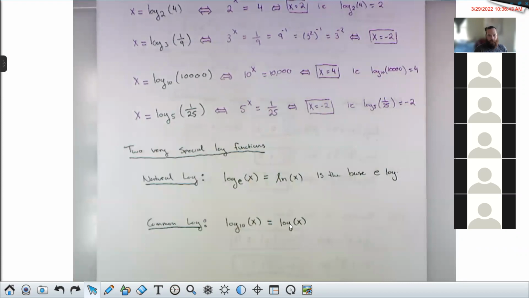So if you see log, but there's no number down here, that means that that number is secretly a 10. Kind of like when you see a radical symbol, but there's no number there, that means that it's a square root, right? That it's the 1/2 power. If you see a log without anything written here, that means that there's secretly a 10 there, and that this is the base 10 logarithm.